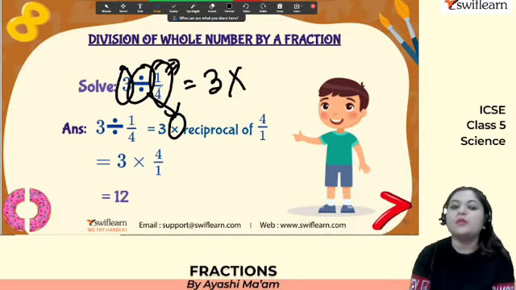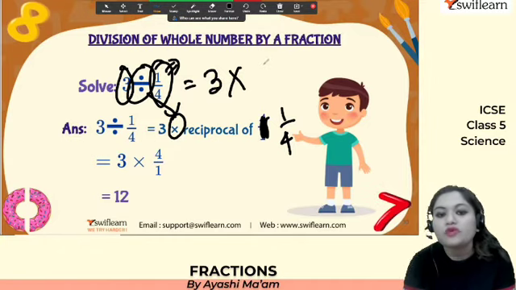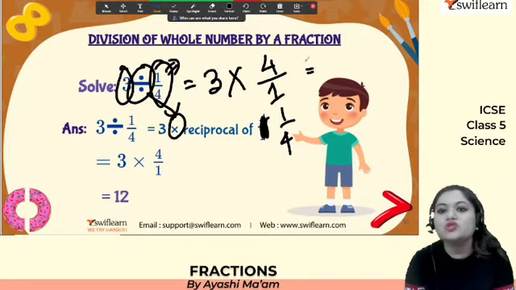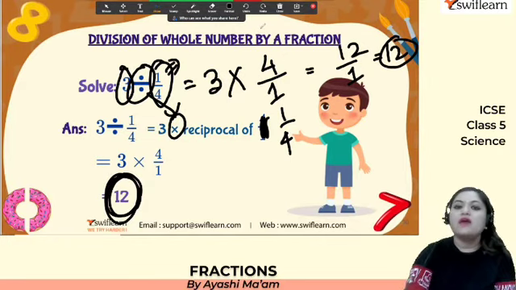So what is the reciprocal of 1 by 4? It will be 4 by 1. 4 goes upwards and 1 comes downwards. That means 3 fours are 12, 12 by 1. 12 by 1 means 12 only. So the answer is 12.